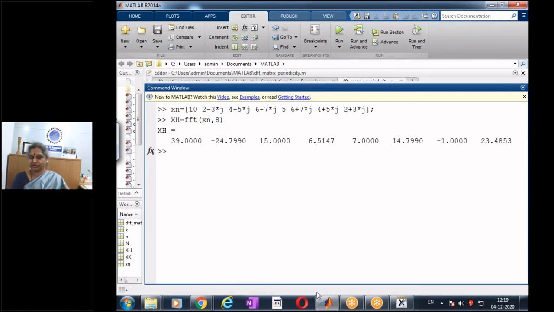So we took a sequence which was complex but had complex conjugate symmetry, and when I compute the DFT of this sequence, which is complex, what I find is the DFT is real.